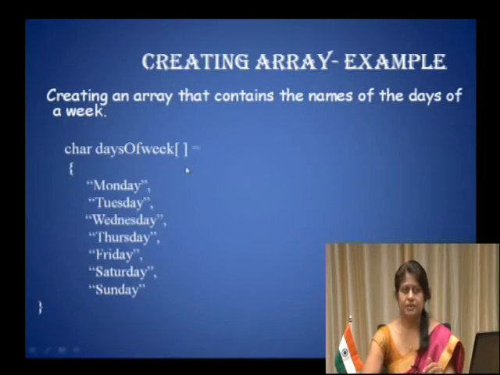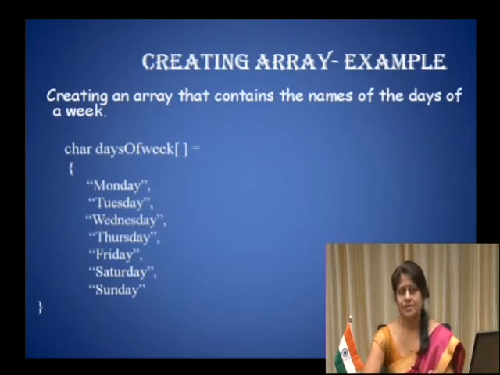Another example where we have a character array. A character array could contain either a single character such as A, B, C, X, Y, Z, etc., or it could also consist of a string. Here we are talking about a character array and assigning the values of string constants.